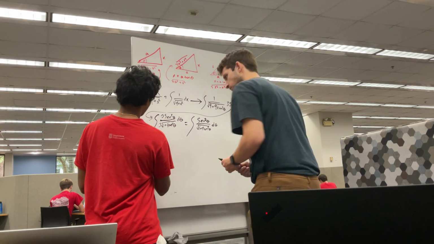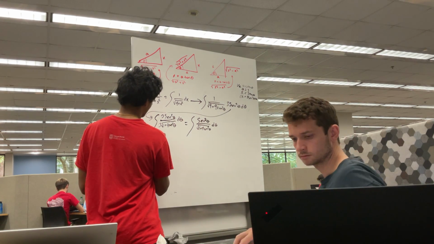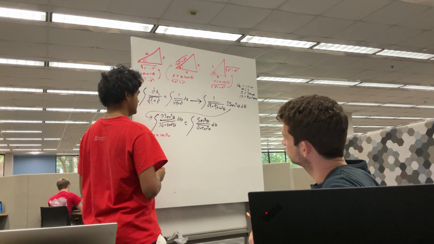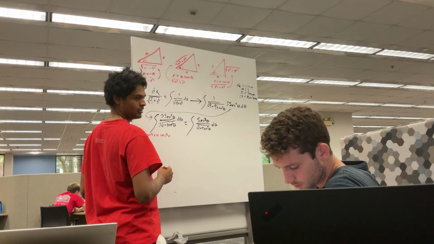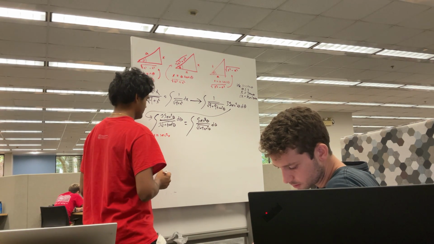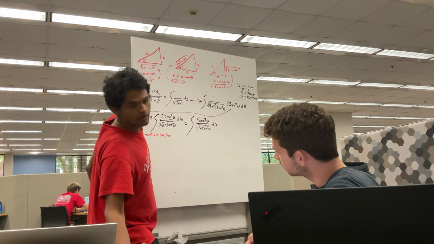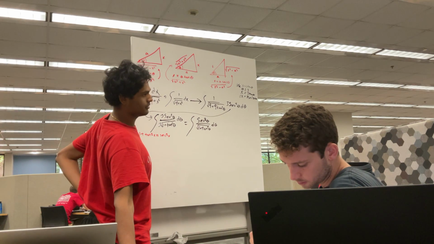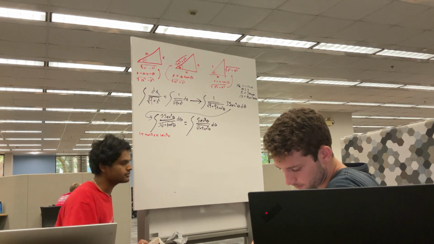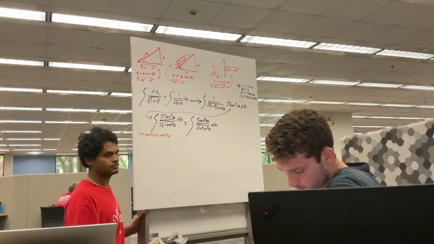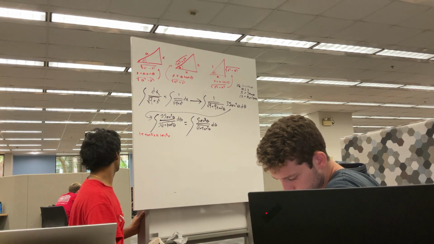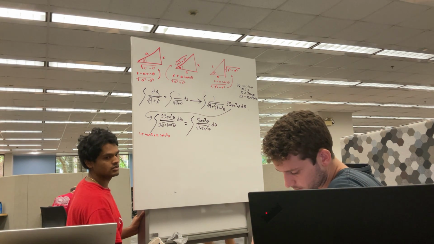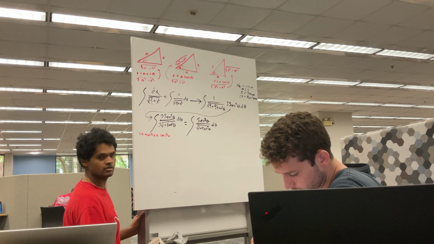It's 1 plus tan squared x equals secant squared x.